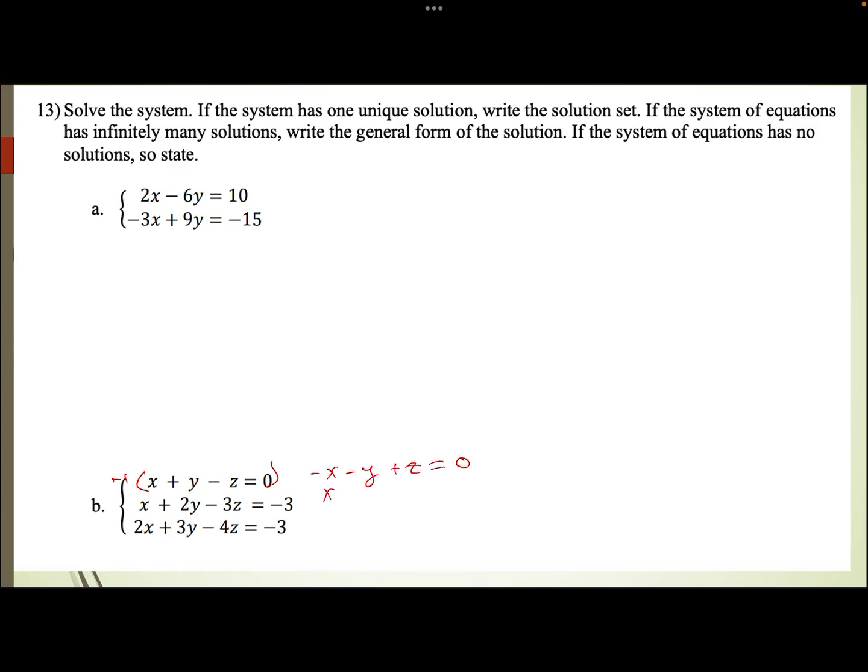And then x plus 2y, I'm just rewriting this one, minus 3z equals -3. And I put those two together, and I got y minus 2z, sorry, equals 3.